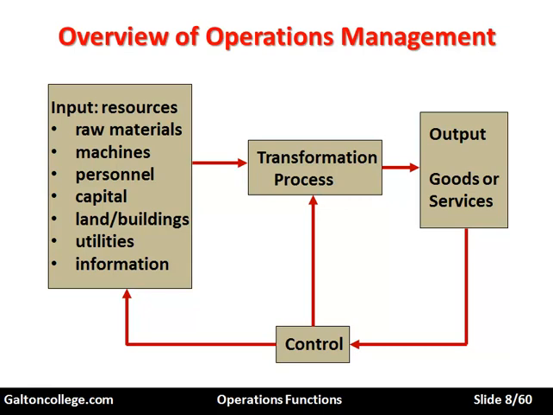But whatever the type of business, be it production or services or whatever, we still have the transfer of inputs into outputs, the transformation of one to the other, and we have this control, looking after the whole process to make sure that it meets the objectives of the management.